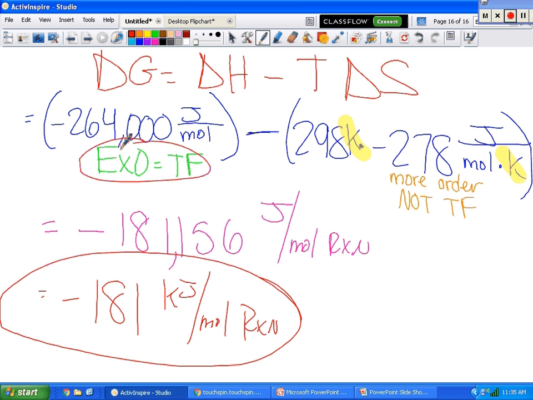Now, Nick, hypothetically, what if I gave you a totally different set of circumstances, that it was still exo, but this was a positive delta S? What if they're both thermodynamically favorable? Then delta G is automatically going to be negative. And here's how you know that. Math.